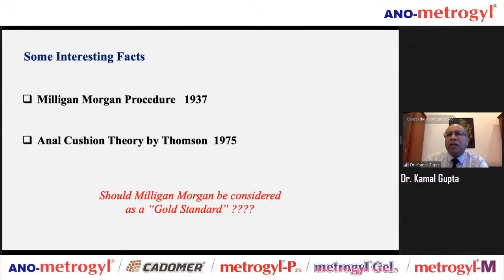So Milligan Morgan did not know that they were cutting anal cushions. Today, we know that when we go for open hemorrhoidectomy or Milligan Morgan or Ferguson's, we are cutting anal cushions. So whether Milligan Morgan should be considered the gold standard, well, it's up to us to decide.